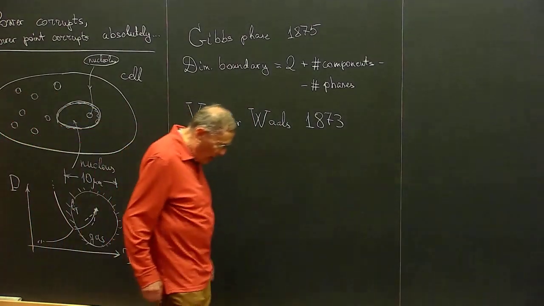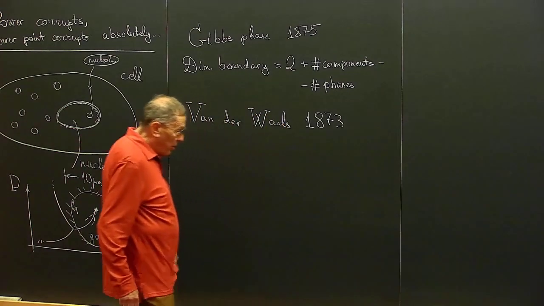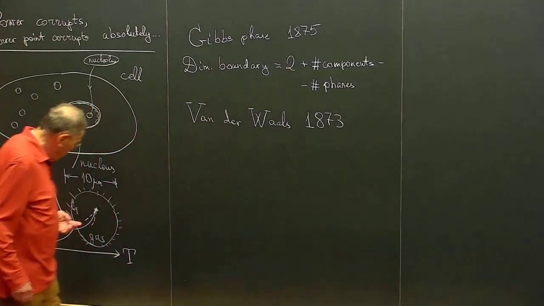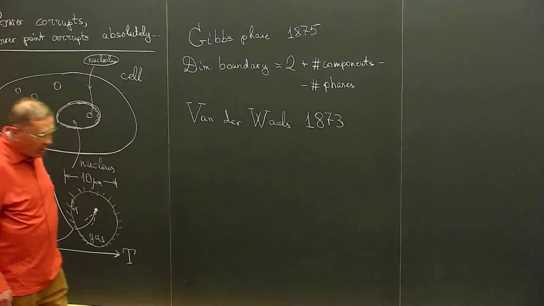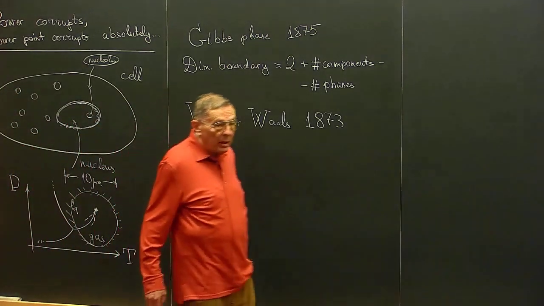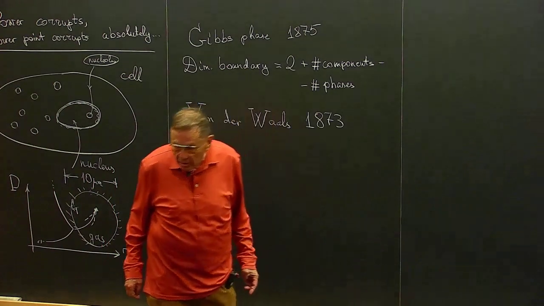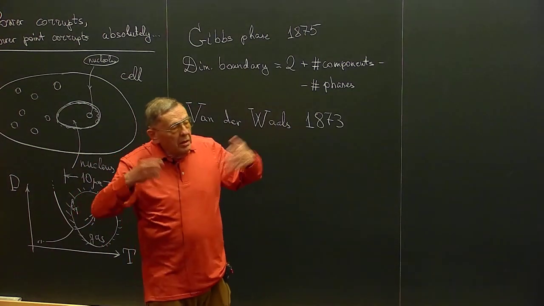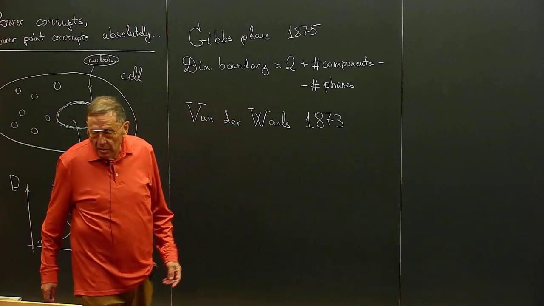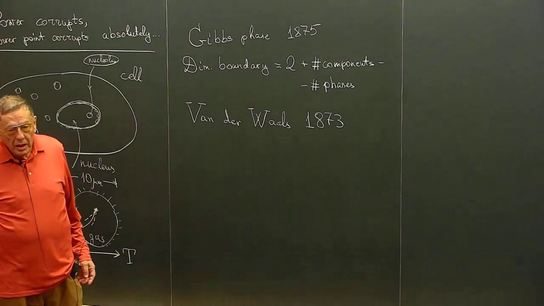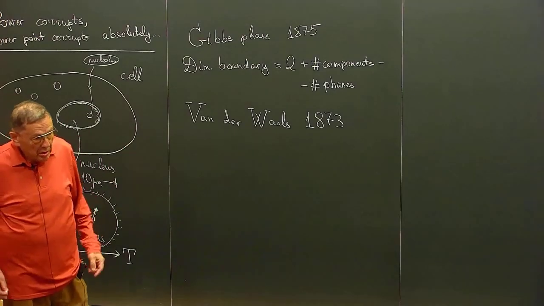What he discovered is that, first of all, he realized that this phenomenon of phase transition between liquid and gas can only be explained by interaction between molecules. He was thinking that the ideal gas picture of independently flying molecules was clear to him from Maxwell, and then he realized that they should interact.